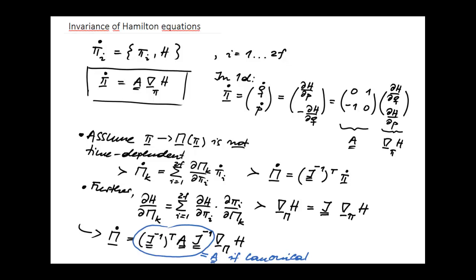So in that case, this is equal to A times the gradient with respect to the new coordinates of the Hamilton function. So in that case, if the transformation is canonical, you see that the equation of motion for the new coordinates has exactly the same structure as the original equation for the original coordinates, with the same Hamilton function.